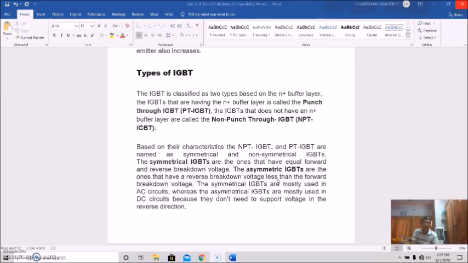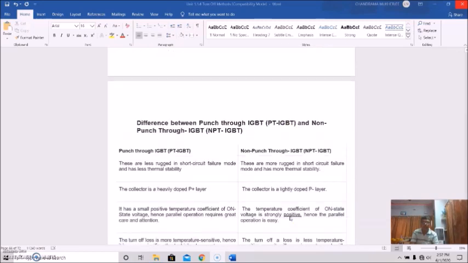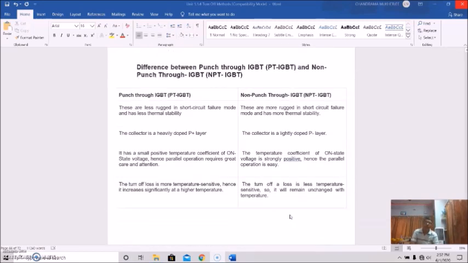Symmetrical IGBTs have equal forward and reverse breakdown voltage, and asymmetrical IGBTs have a reverse breakdown voltage less than the forward breakdown voltage. Mostly symmetrical IGBTs are used in AC circuits, and asymmetricals are used in DC circuits. They don't need to support voltage in the reverse direction. Now, with this, we can draw the differences between punch through and non-punch through IGBTs.